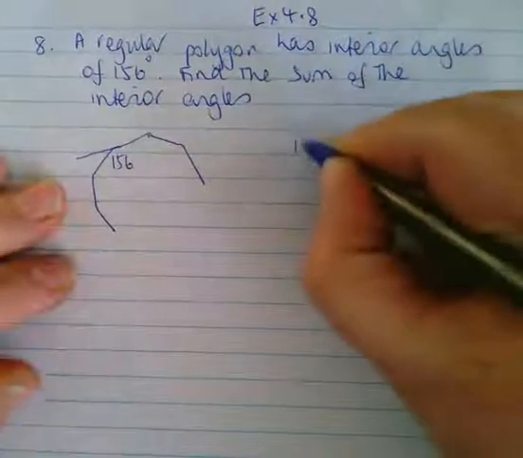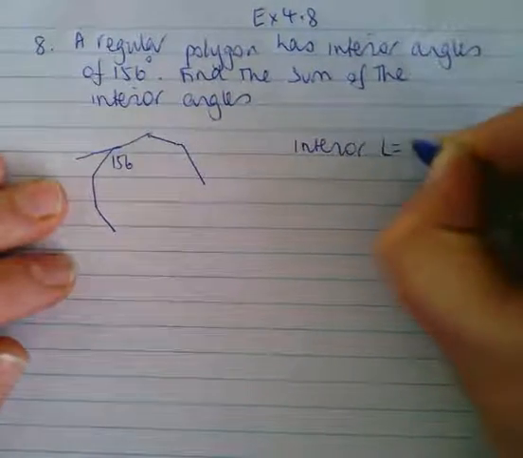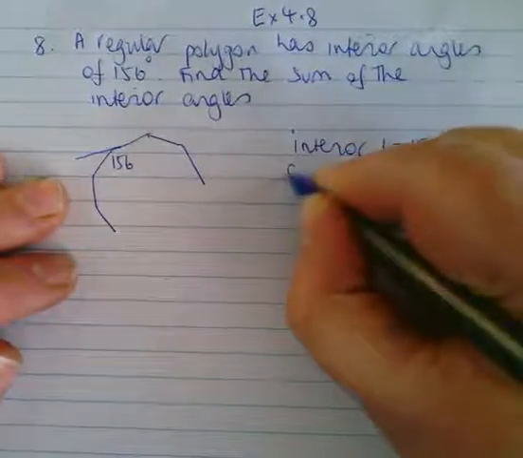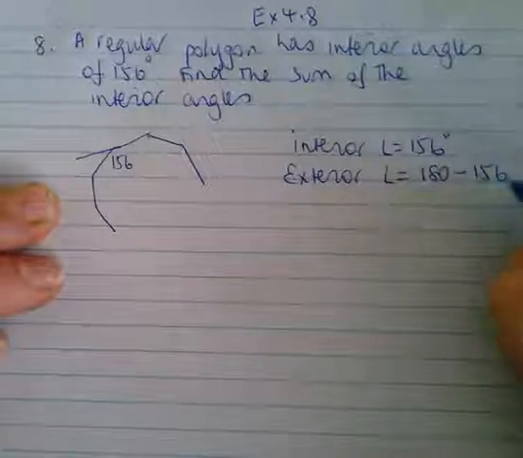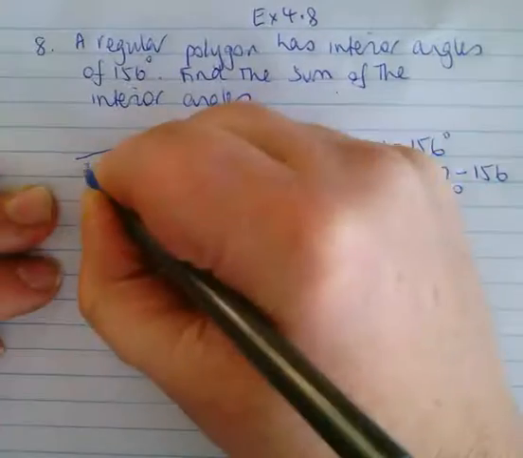So if the interior angle is 156, the exterior angle is 180 minus 156, which is 24 degrees.